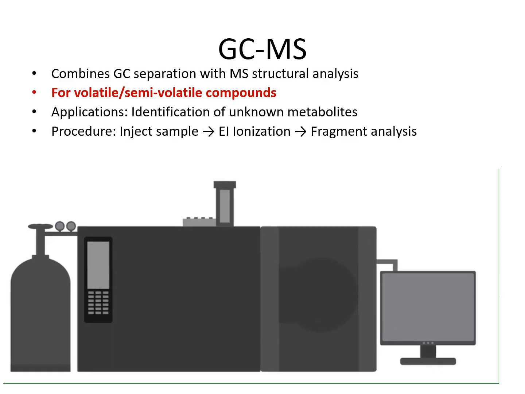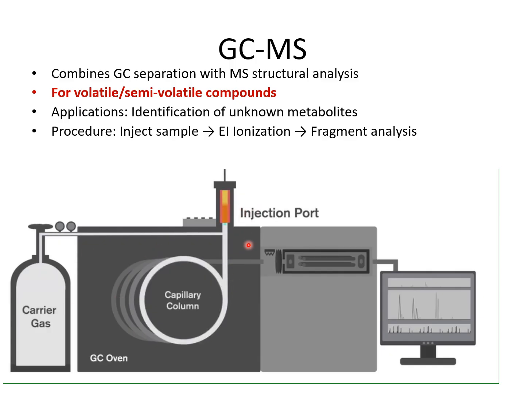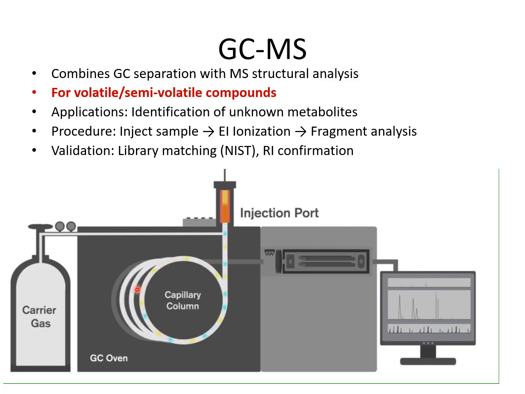Now let's look at the procedure. First, we have a carrier gas that carries the sample, which is injected into a capillary column. As the sample enters the capillary column, the GC oven is heated until the samples become volatilized. When it becomes vaporized, the sample is passed through a column, which is attached to a mass spectrometer.